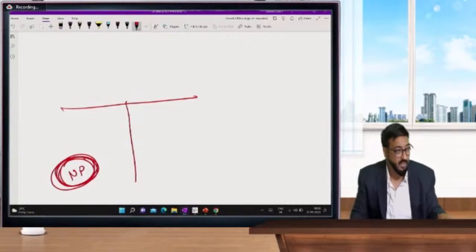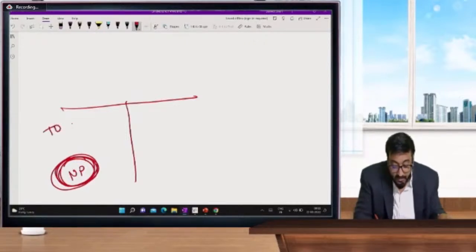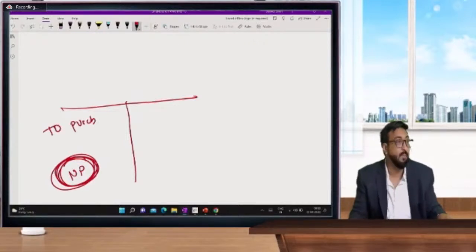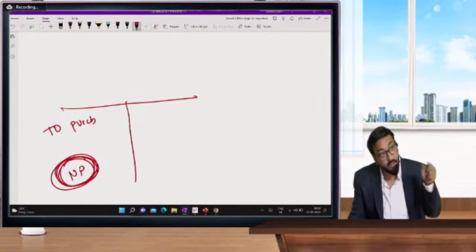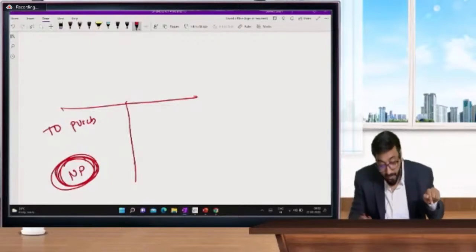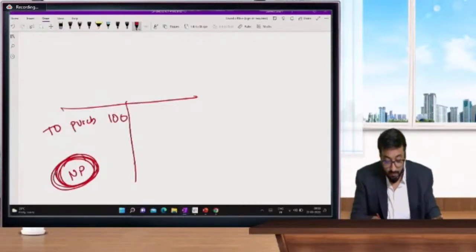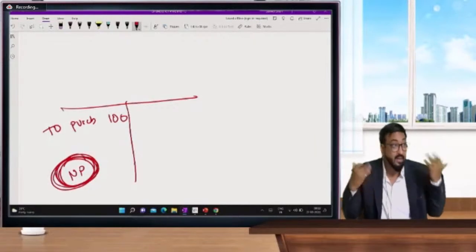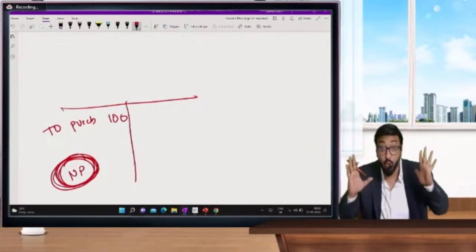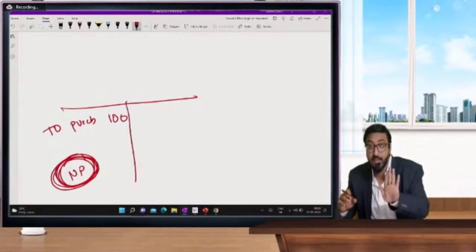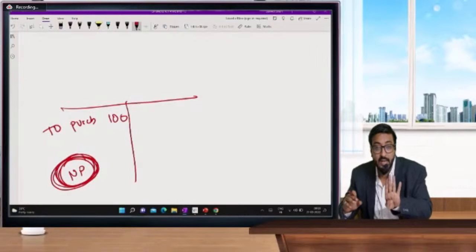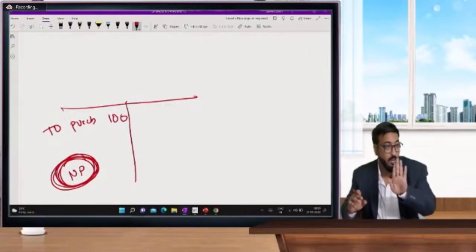Now tell me, this net profit is already inclusive of purchases. While calculating net profit, you already considered purchases. How much purchases you considered? 100 rupees. I'm telling you the logic. So in exam, while doing indirect method, you will start with net profit.